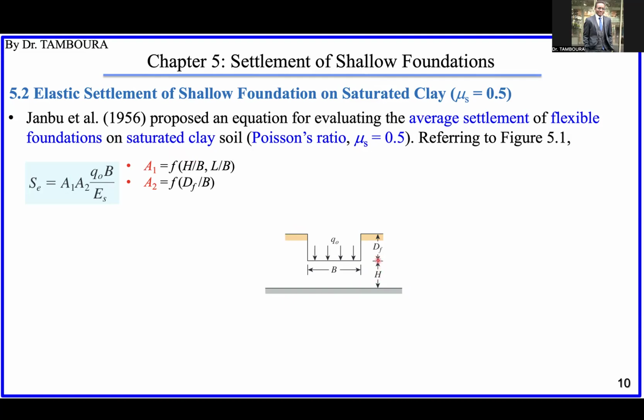So H is the thickness from the base of the foundation of the clay layer. L is the length of the foundation. If you are dealing with, for example, a square footing, L and B are the same. So we need L over B here to estimate A1.